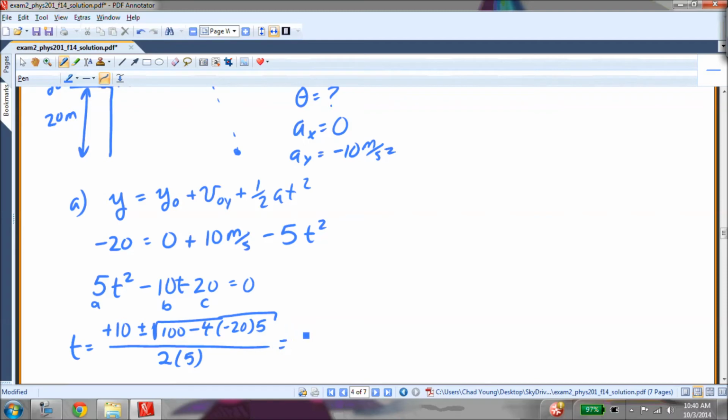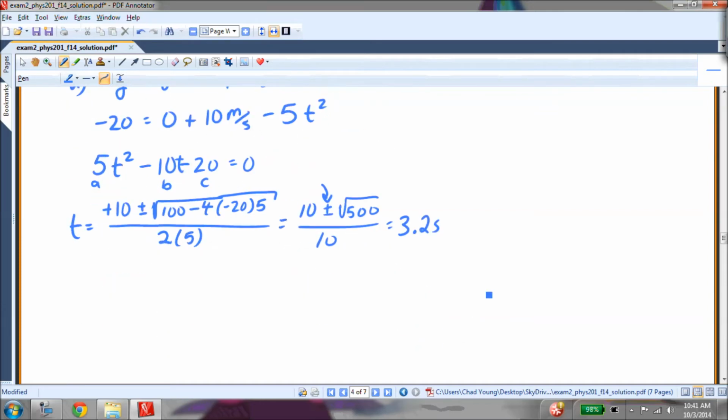All right, that's going to be 10 plus or minus the square root of 500 divided by 10. And I find that that time is 3.2 seconds. Here I actually get two answers, and I just don't give the negative answer. So I just do 10 plus root of 500 divided by 10, and that's 3.2 seconds. All right, so that's the answer for part A.